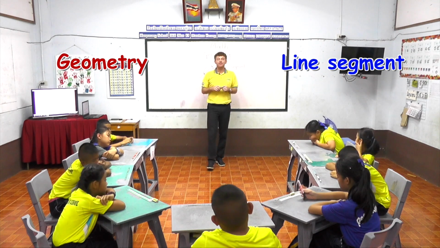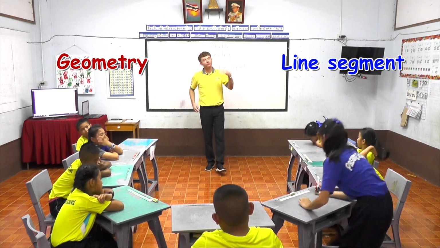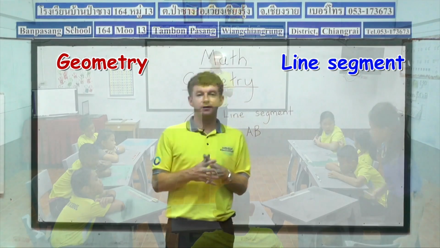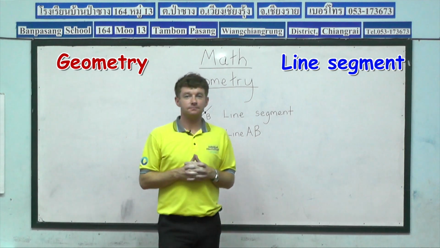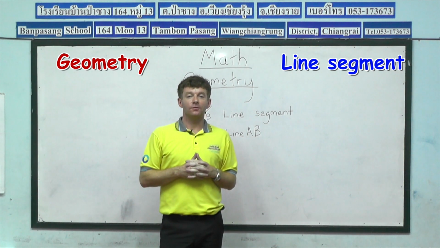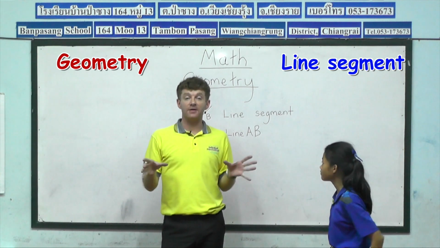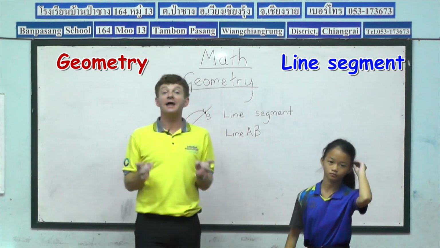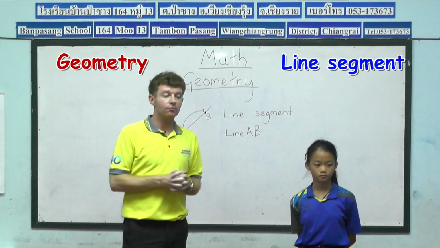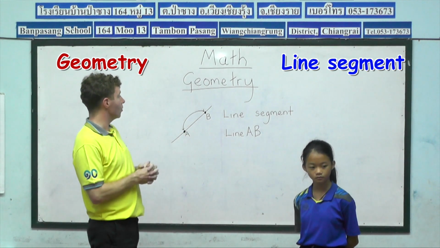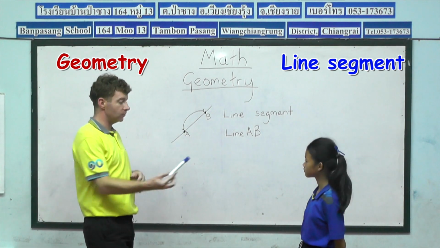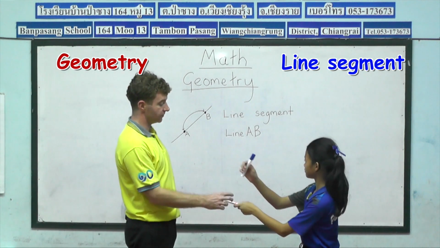Who has the pen? Dan, come and join me at the front, please. So now, my kind student Dan is going to demonstrate how we can draw our own line segment. So guys, if we're going to draw a line segment, in fact, Dan, you can use blue, because then you'll be able to tell the difference.